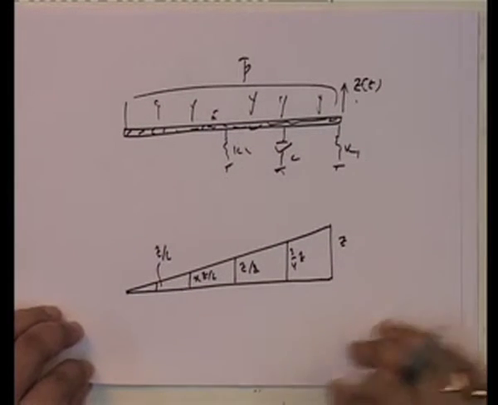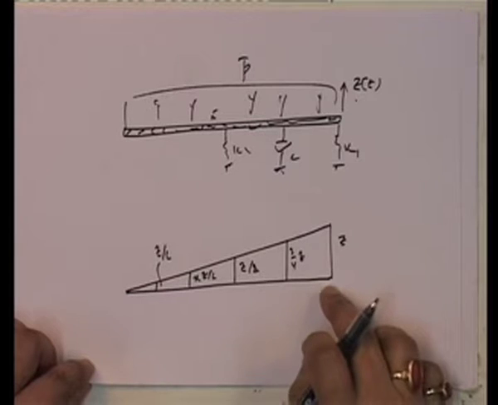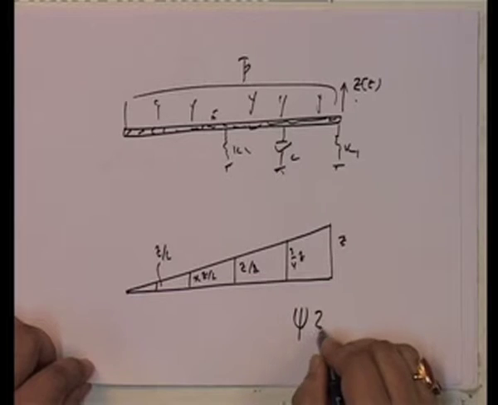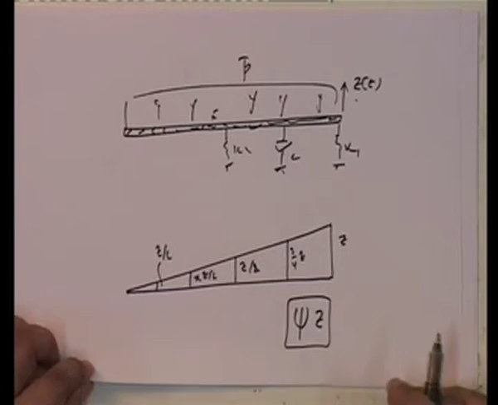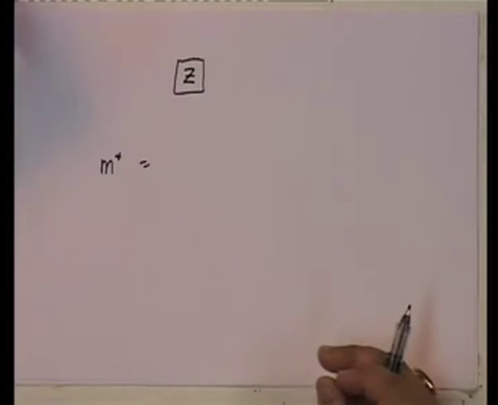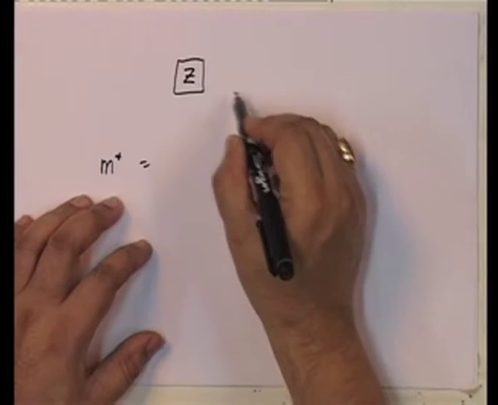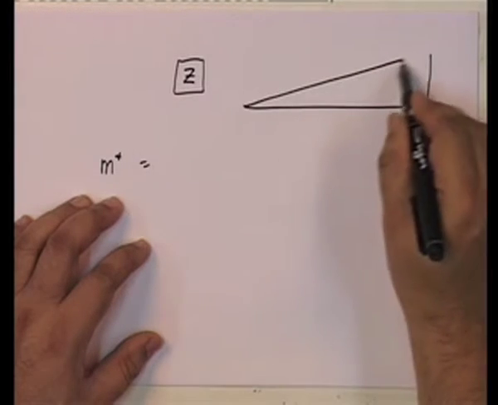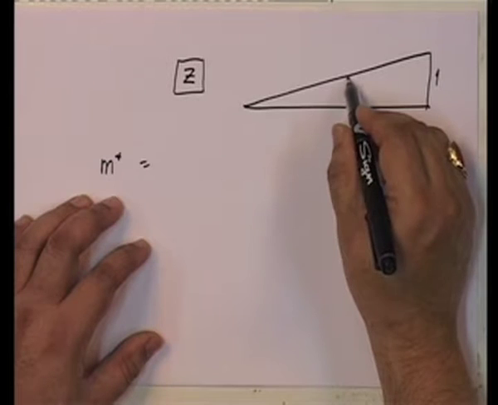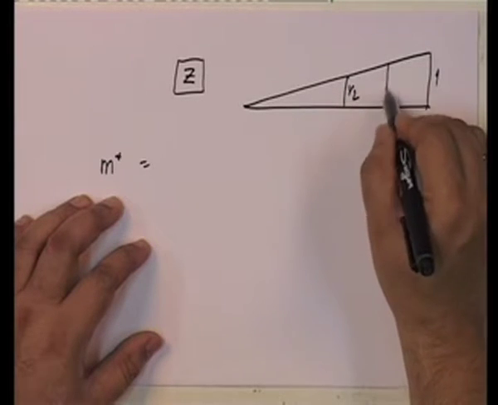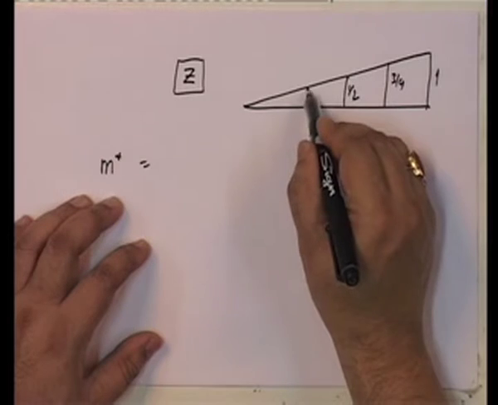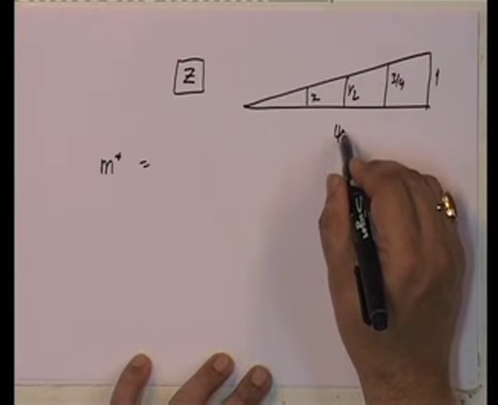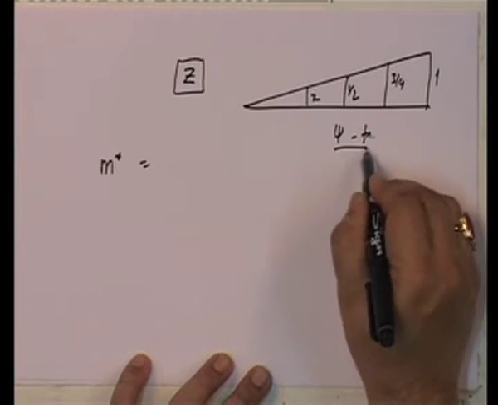I could define this thing in terms of xi times z at any point. If I draw this z, and I take xi as 1, half, 3/4, any x, this is my xi function.